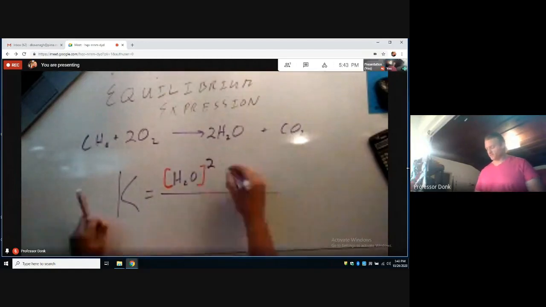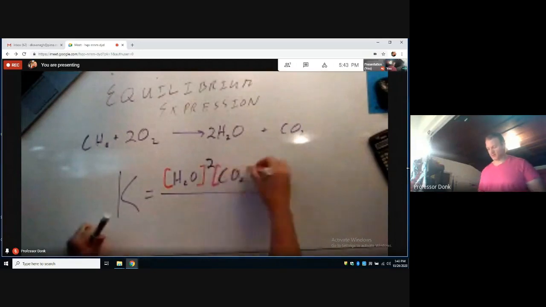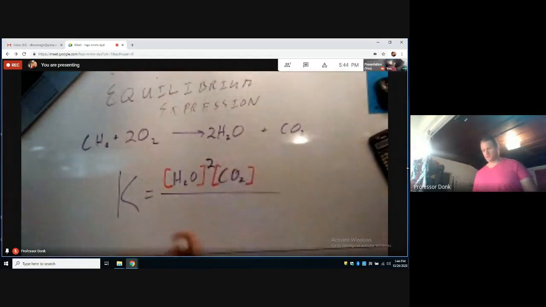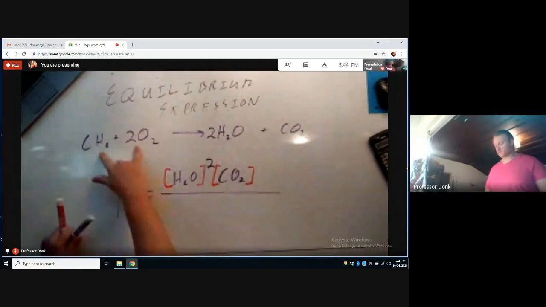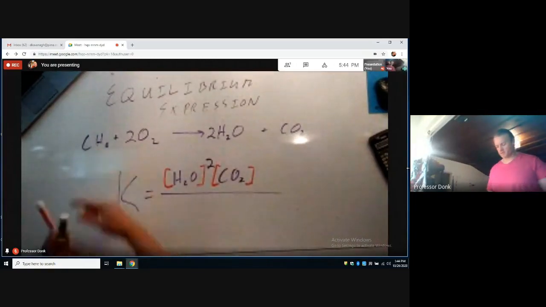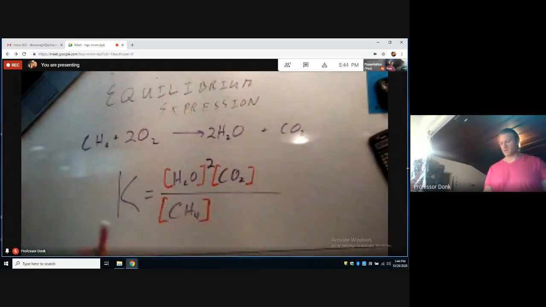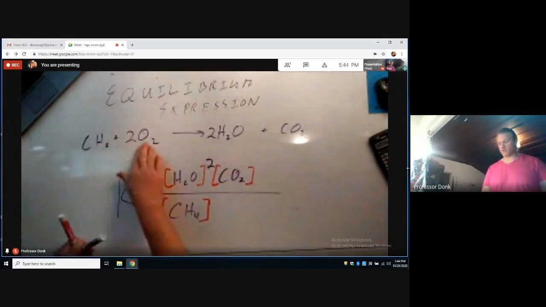CO2, the molarity of CO2. The reactants go on the bottom. So the molarity of CH4, the molarity of O2 squared.